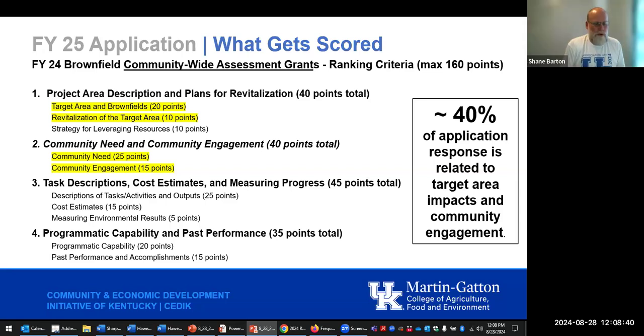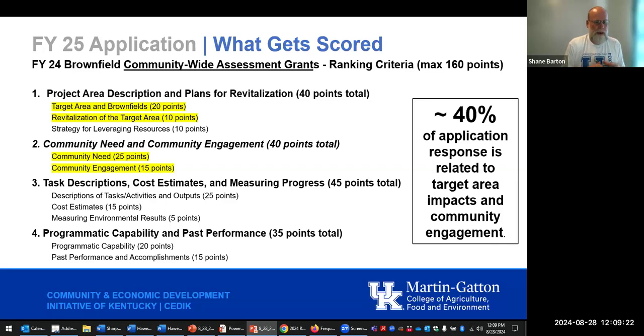Yeah, one thing I want folks to understand is that while environmental justice may be a part of specific responses or specific inquiry in the application, there are a number of places, roughly 40% of your application, that give you the opportunity to start creating that foundation and describing your community and the community need in a way that also allows you to begin articulating specific needs of disadvantaged communities or at-risk communities, or those that have sustained long-term impacts from those environmental sites or potential sites.